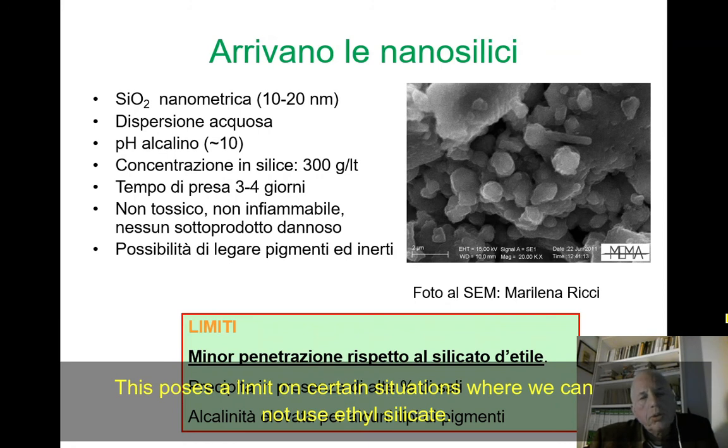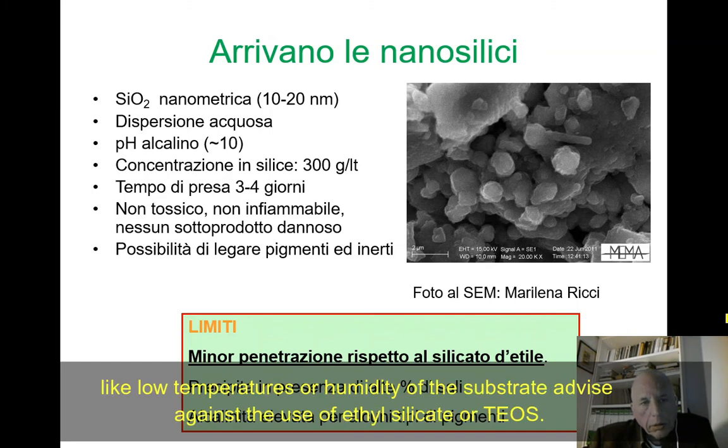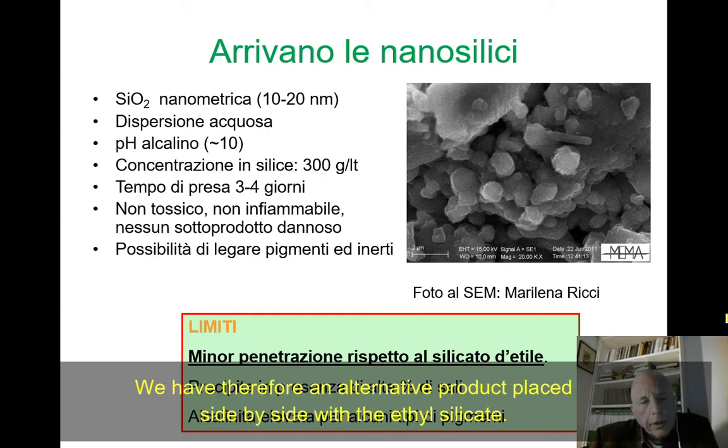This poses a limit on certain situations where we cannot use the ethyl silicate. And so the nanosilicas become an excellent alternative to the ethyl silicate when environmental conditions like low temperature or humidity of the substrate advise against the use of ethyl silicate or TEOS. We have therefore an alternative product placed side by side with the ethyl silicate.